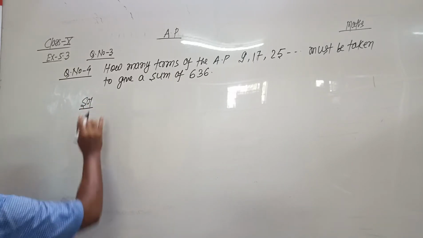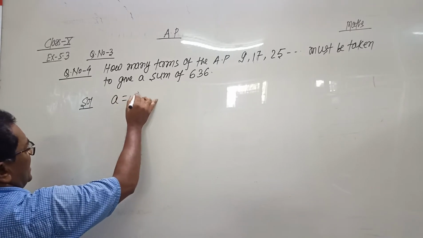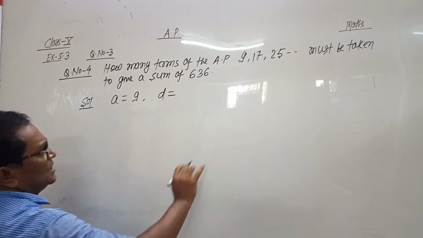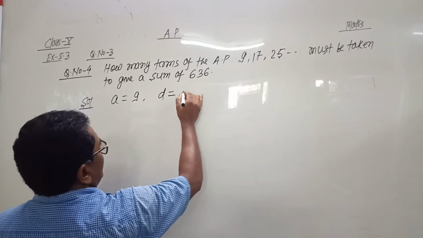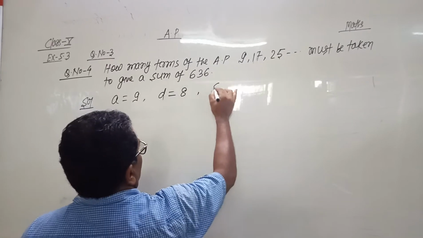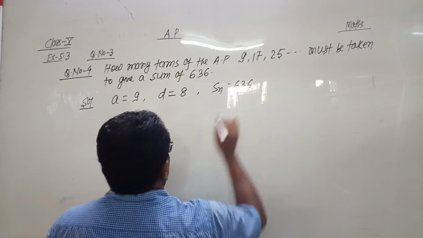From this sequence, we find the value of a equals 9 and the common difference 17 minus 9, which is 8. Sn is given, the sum 636.